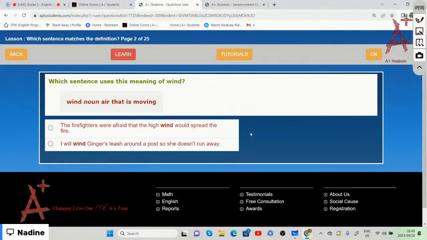So wind, air that is moving. So if it's air that is moving, then we're choosing option one. The firefighters were afraid that the high wind would spread the fire. Yes, and if you said the firefighters were afraid, then well done. That is correct.